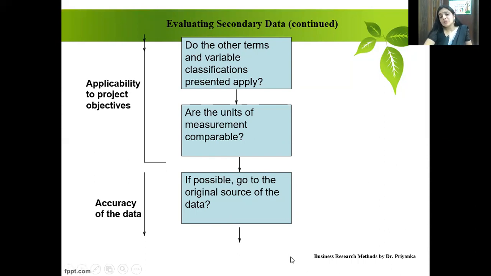And sometimes maybe you actually don't know the original source, so you'll check whether the researcher has quoted something about the source of the data or not. If the researcher has not quoted the source of the data, then it is not useful. Otherwise, if he has quoted, then go and check whether the data is original or not.